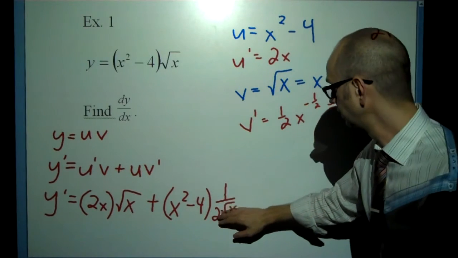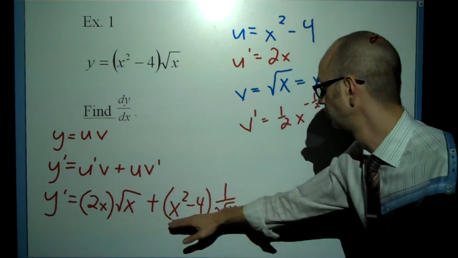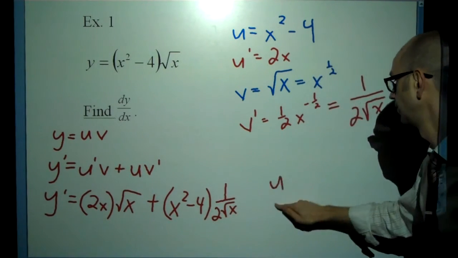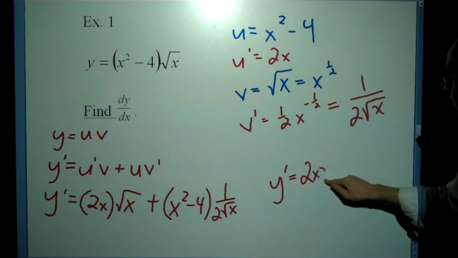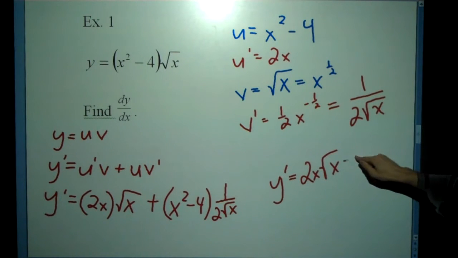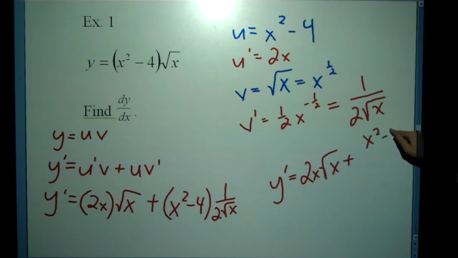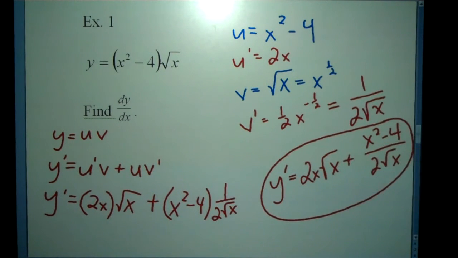If you want, you can bring this 2 times square root of x and put it in the denominator here. So you'd have a final answer of 2x square roots of x plus x squared minus 4 all over 2 square roots of x. And that's the product rule.